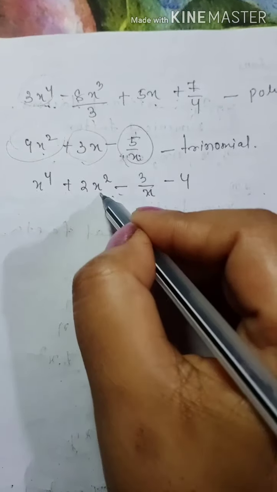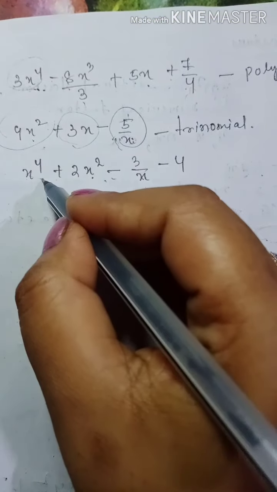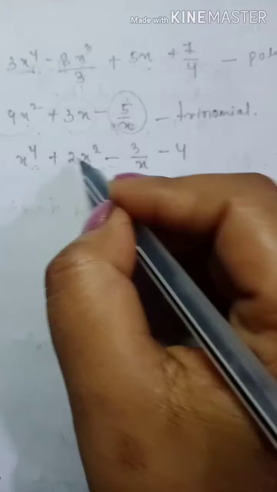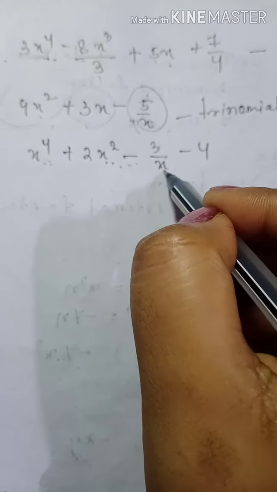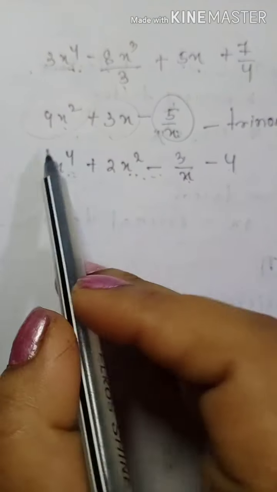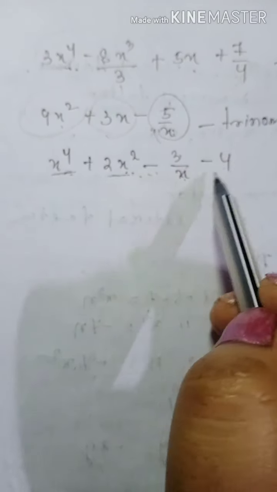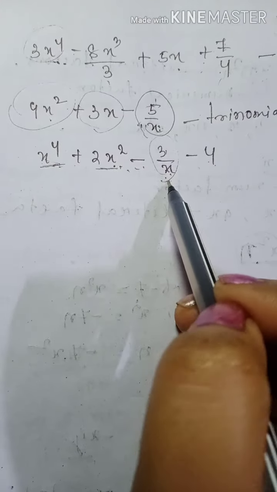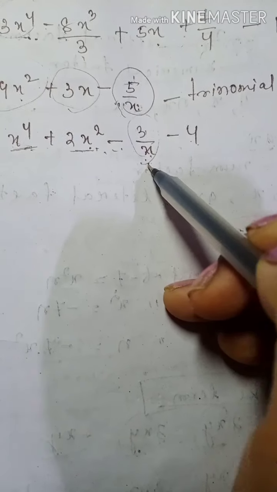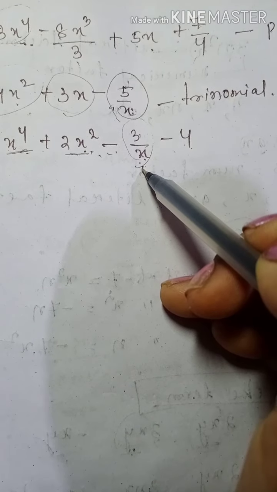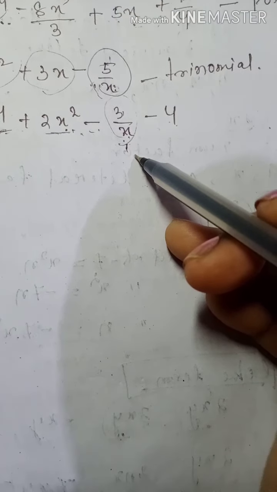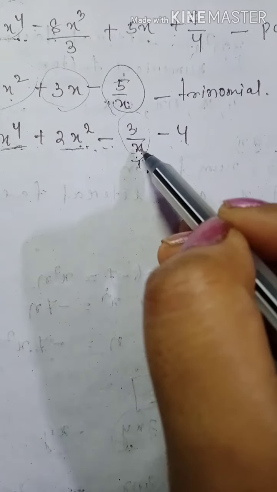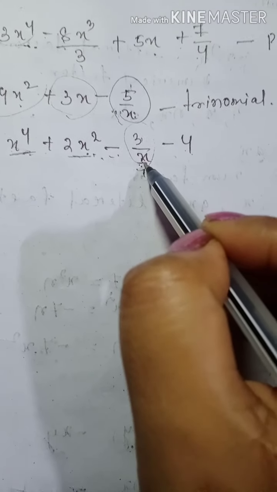But what happens in this case? See, x to the power 4 plus 2x^2 minus 3 by x minus 4. In this expression, how many terms are there? This is a term, this is a term, this is a term, but there is a rule in algebraic expressions to find out polynomials. If a term has a variable in the denominator, see, it is 3 by x.